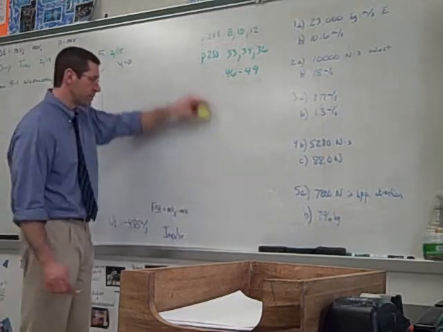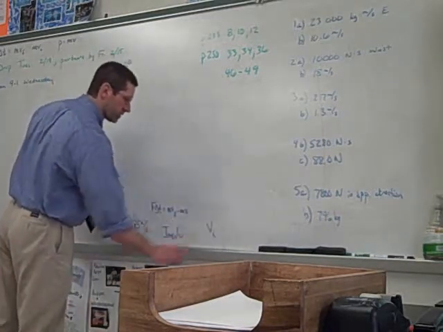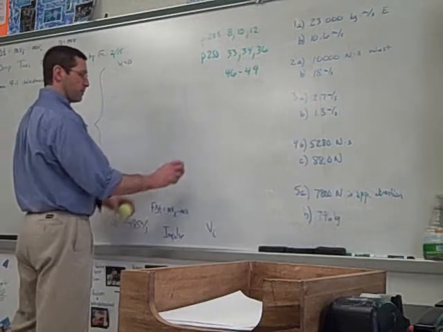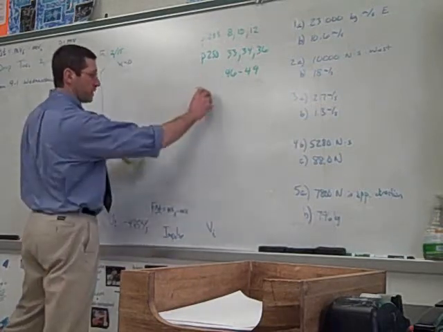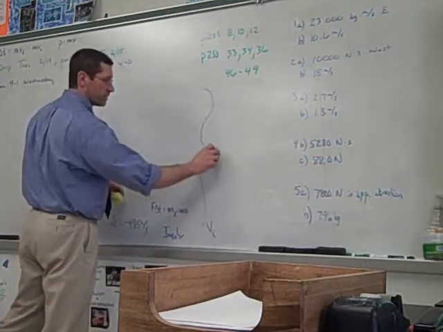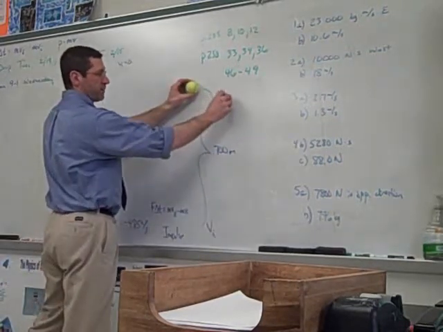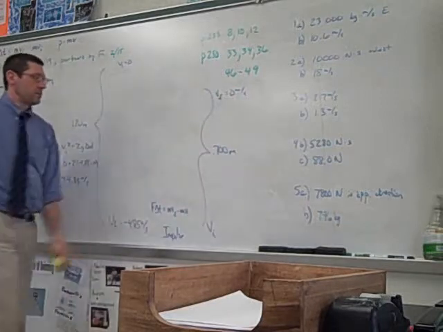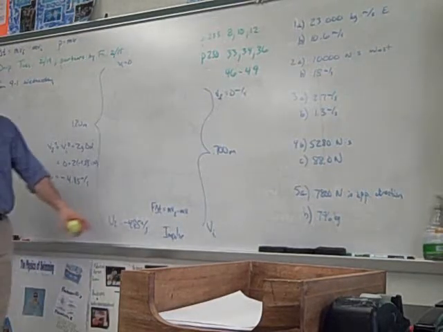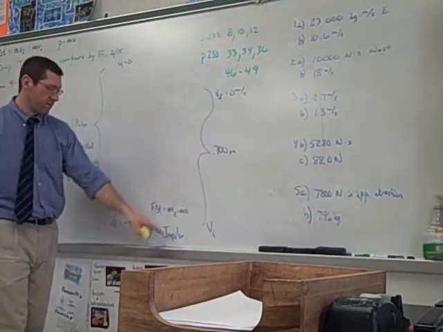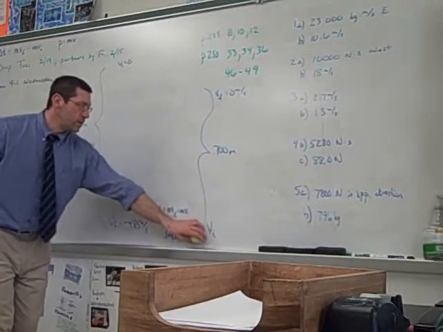So now the ball leaves with some velocity, and it rises up to a height of 0.700 meters, and at the maximum height, the VF is 0.